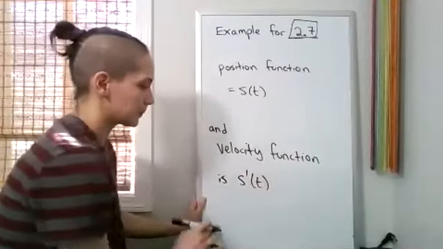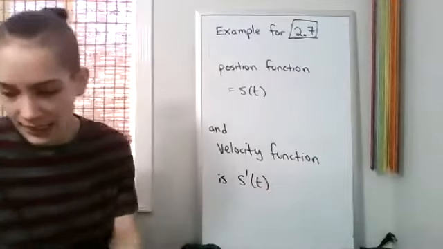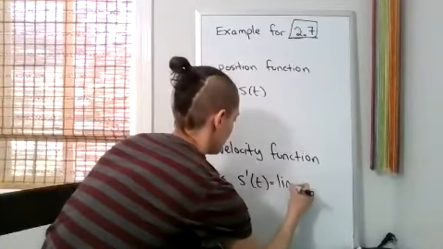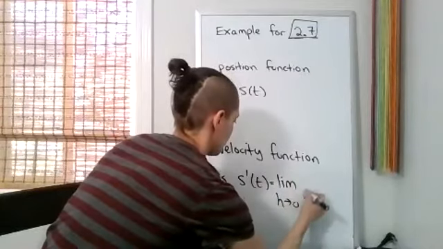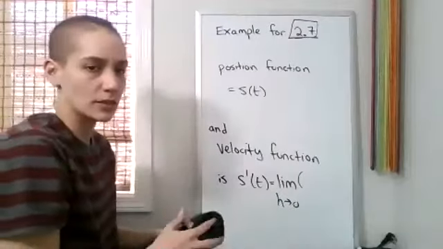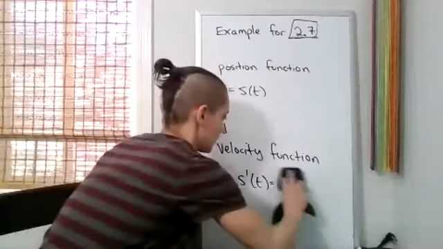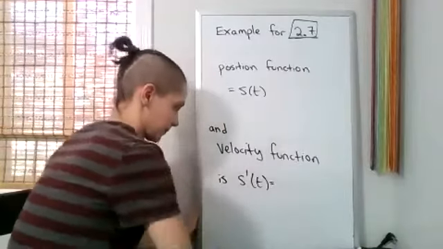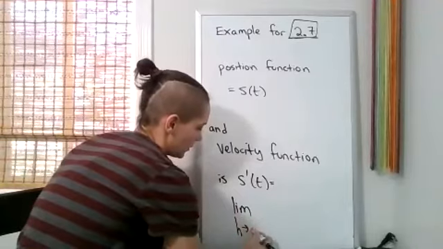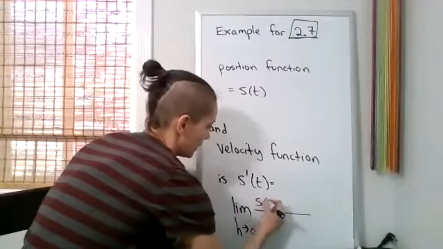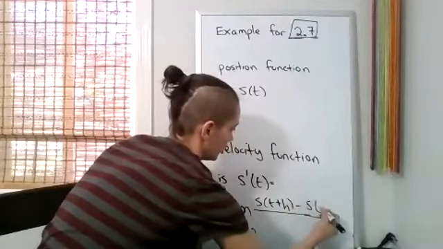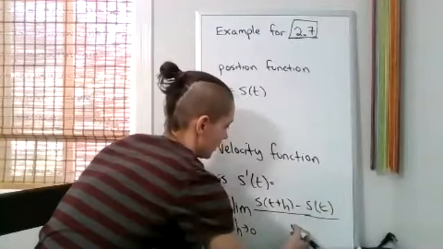Or, the limit as h goes to 0 of S of t plus h, take away S of t, divided by h.